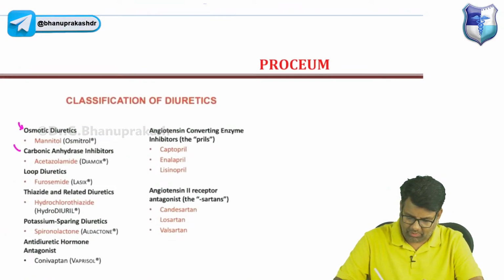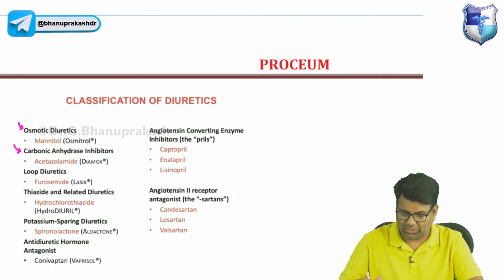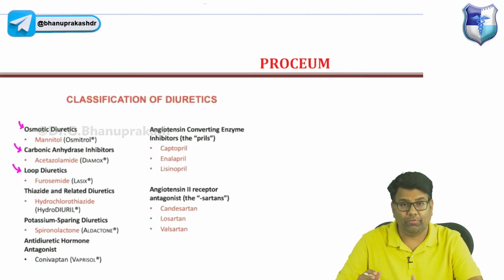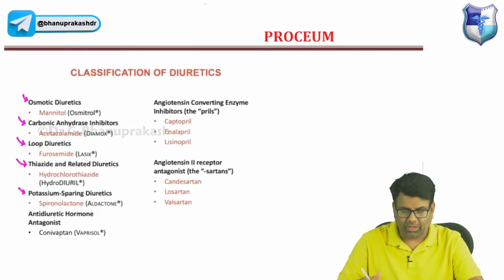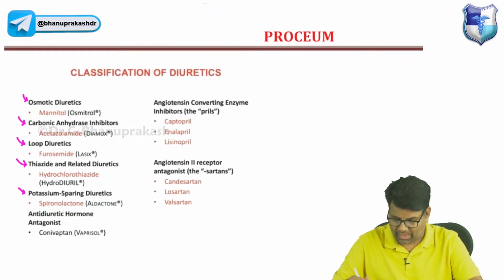The second one, the carbonic anhydrase inhibitor, that is acetazolamide. The third one, or most important one, the loop diuretics, high ceiling diuretics, especially furosemide. Fourth one is the thiazide group, includes hydrochlorothiazide. And potassium sparing is spironolactone, which opposes the aldosterone.